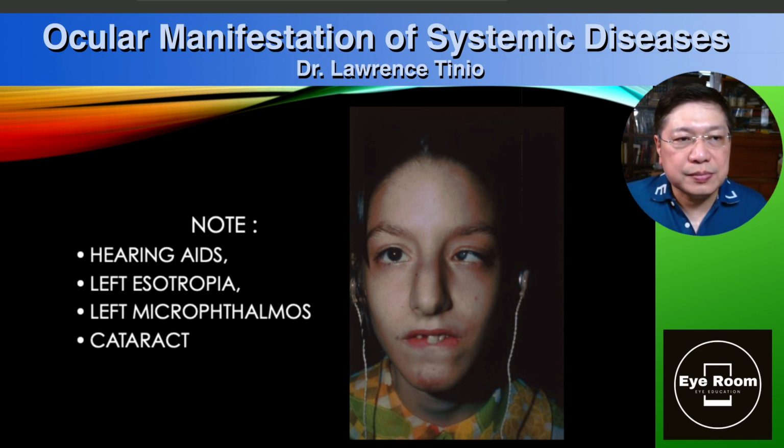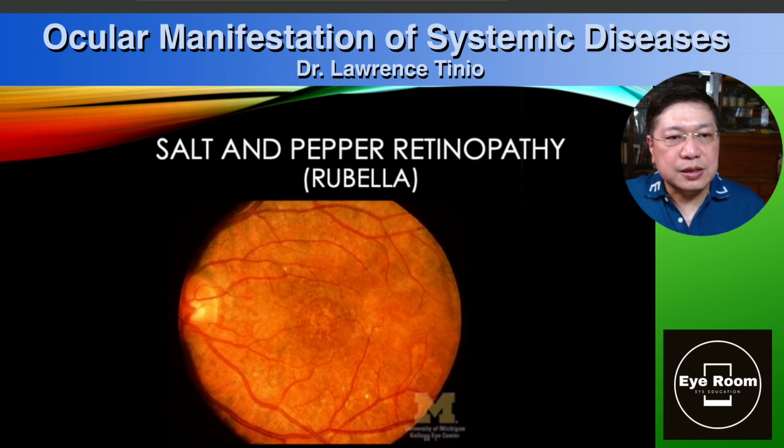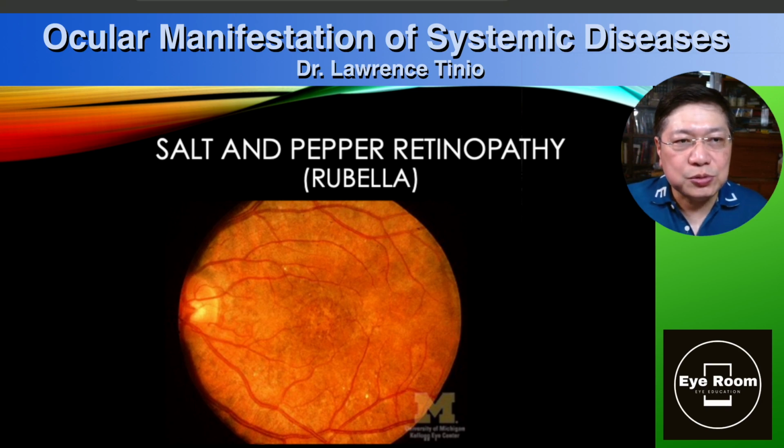There's a size difference between both eyes. The left is actually smaller, and the patient has cataracts. The retina would also show what we call salt and pepper retinopathy, small dots of white, small dots of black, which is a rubella retinopathy.